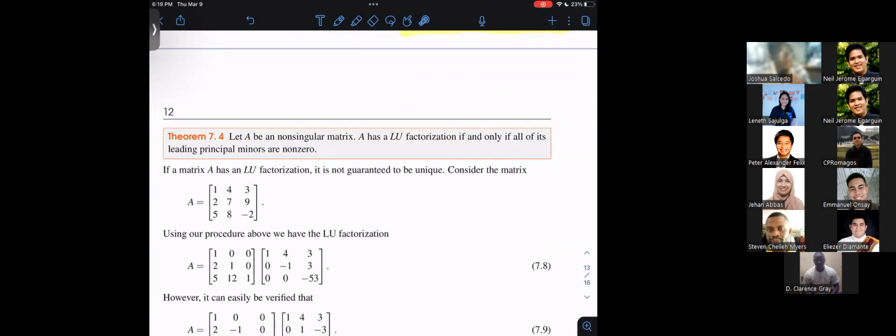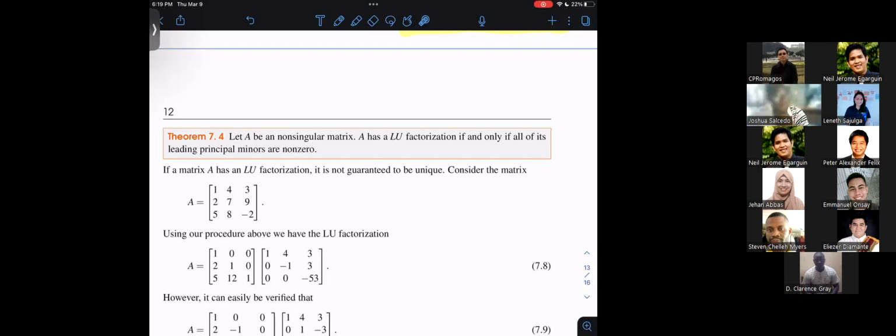So I'll not be giving the proof, nor will I give an example of it, because it's a very costly process, right? Because if you have a 100 by 100 matrix, you need to compute 100 determinants. And computing determinants is also a very expensive task. But just so that you know, there's a way to guarantee the existence of an LU factorization.